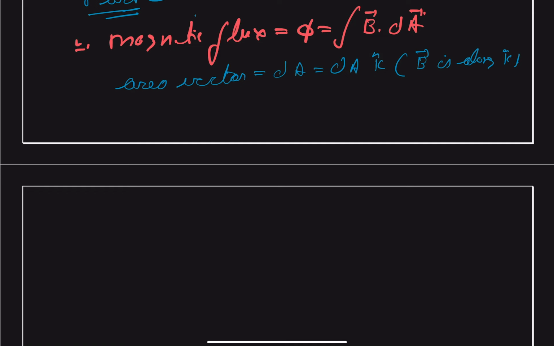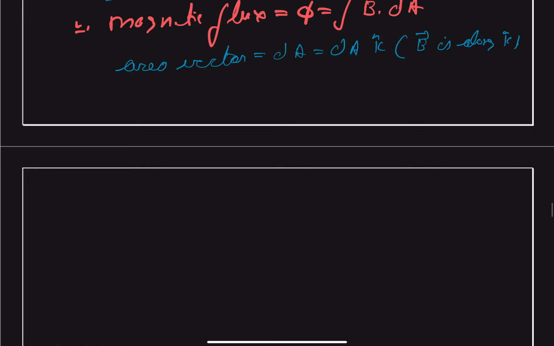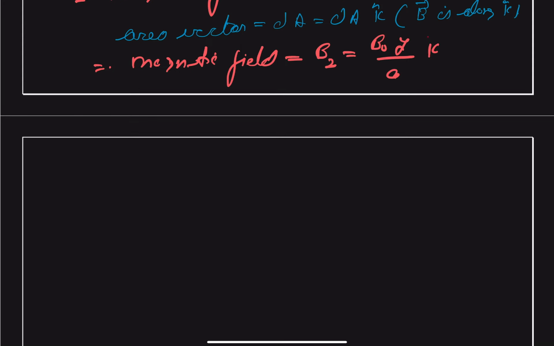And we are also given that the magnetic field in the z direction is equal to b naught y upon a, and this direction is also k.